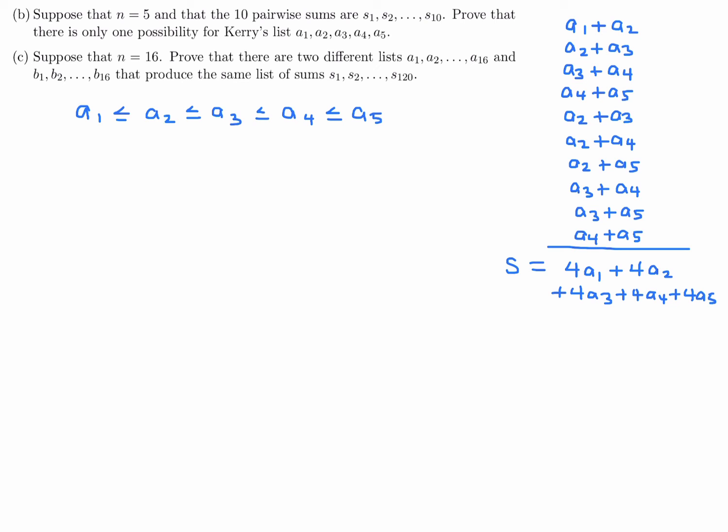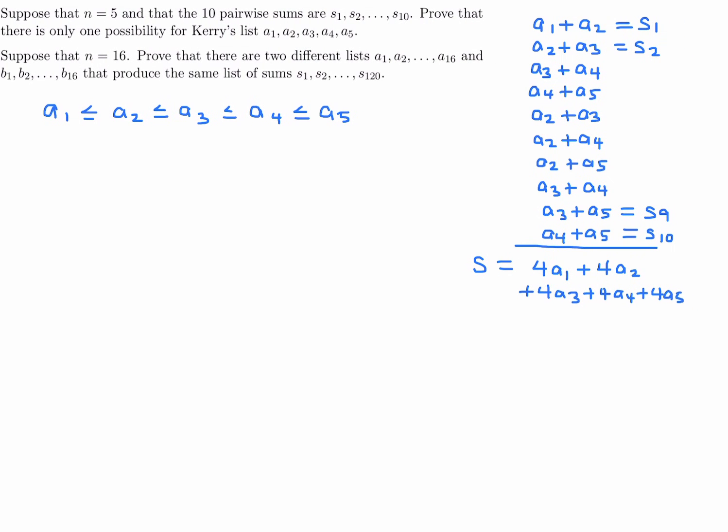So now let's see how I can assign these S's. I'm pretty confident that the smallest one is S1 and the largest one is S10. And just as before, I'm also confident that the second one will be S2 and the second last one will be S9. But the middle ones, those ones can vary. So the only ones that are fixed are these ones.